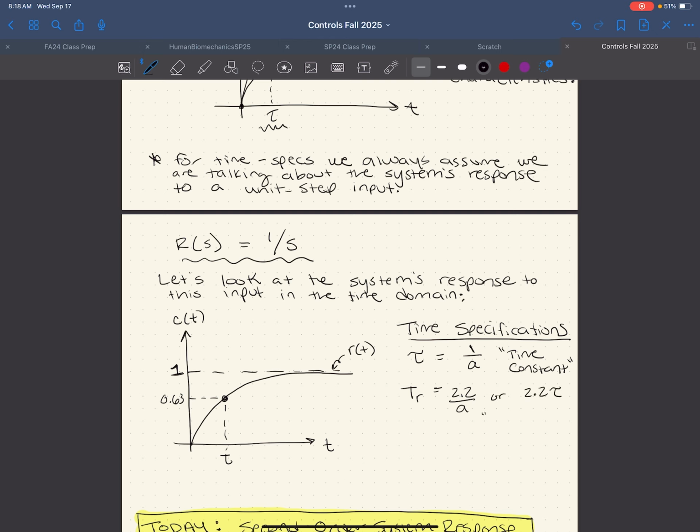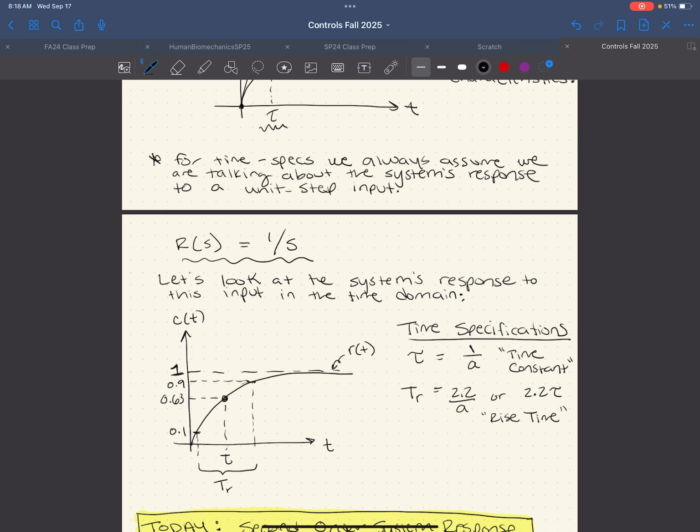This is our rise time. This is the time that it takes to go from 10% of the final value to 90% of the final value. So the time between here and here is our rise time.